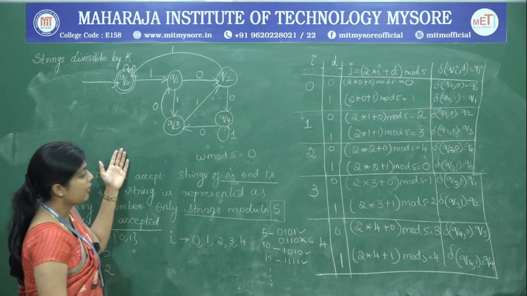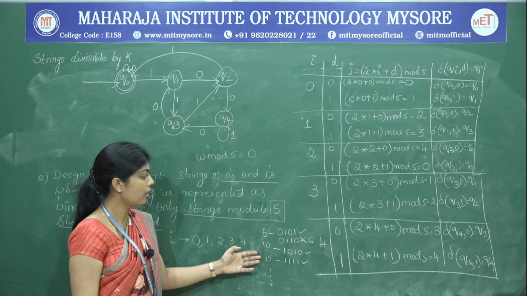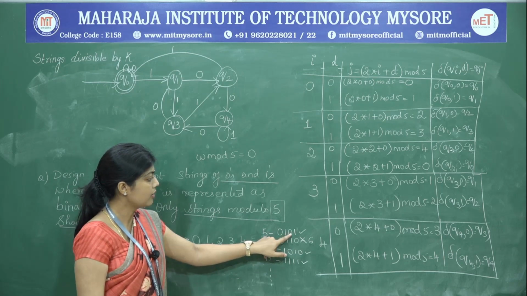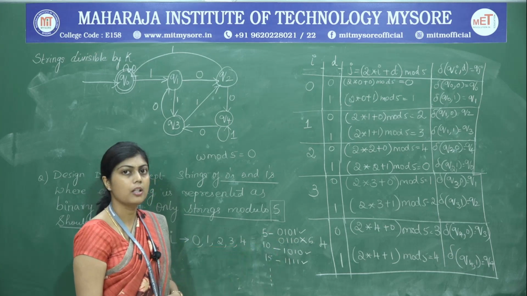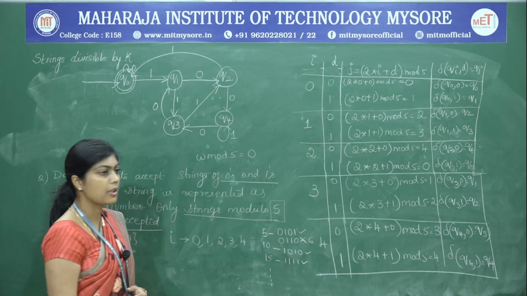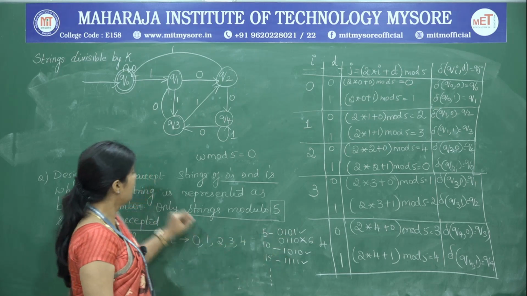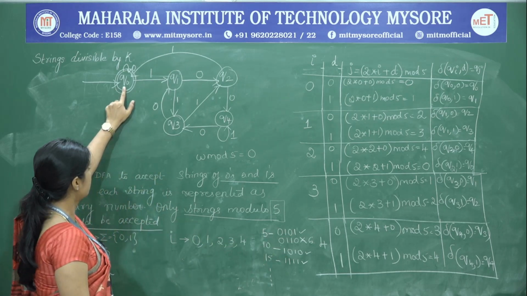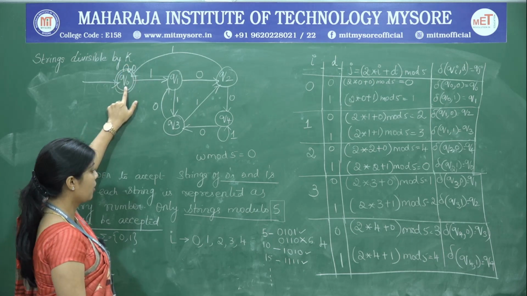Next, we have to verify this DFA. We'll pick up the strings that we have already framed here. 0101, which has to be accepted, and 0110, which has to be rejected. We'll see if the DFA is able to do it. First we have 0101. We start from the start state Q0 and follow the 0 transition, so we are still at Q0.